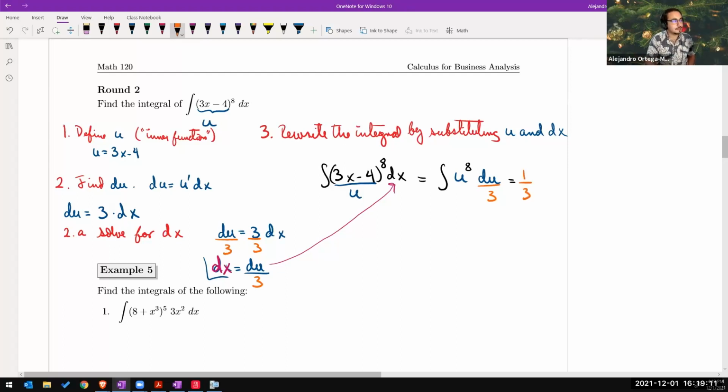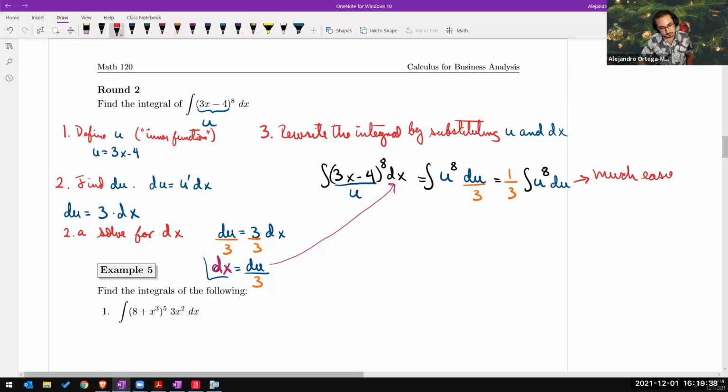So I'll leave it here as 1/3 times the integral now of u to the 8th du. And notice here, guys, once we rewrite it, it is a much easier integral.